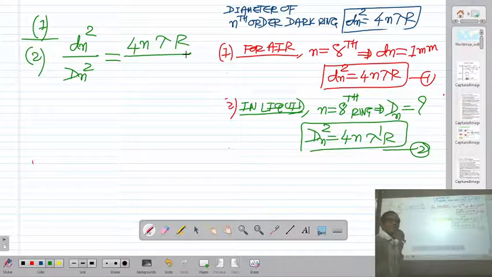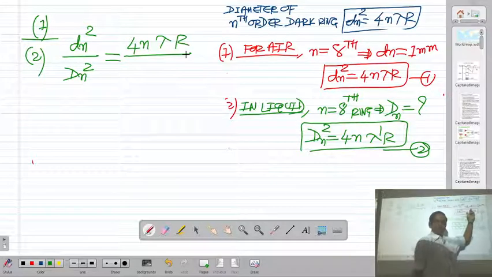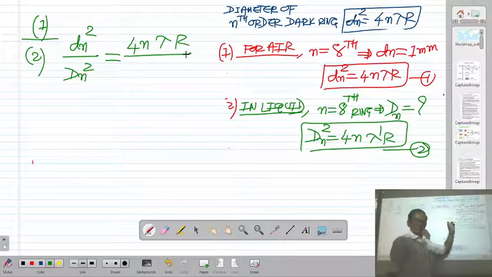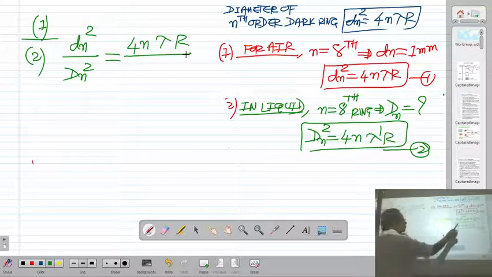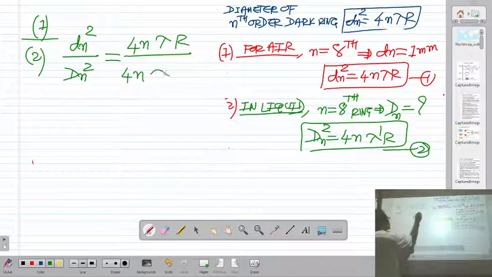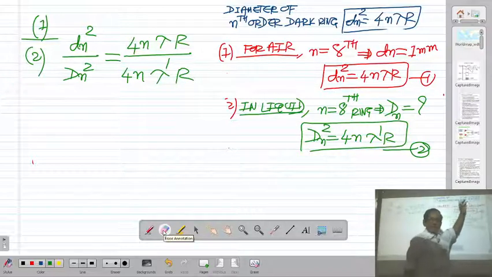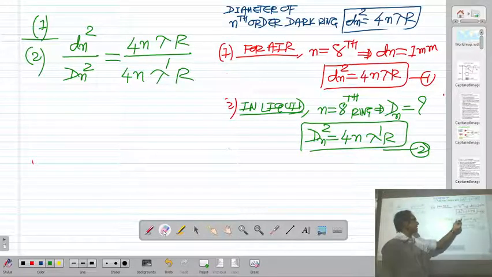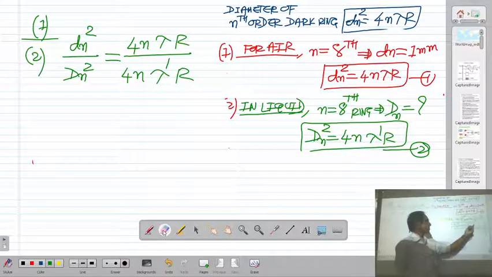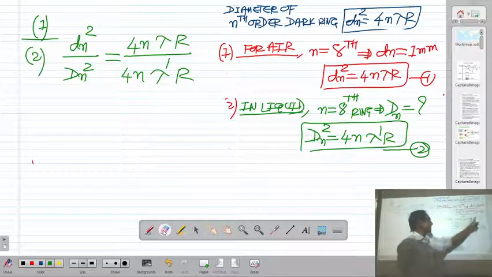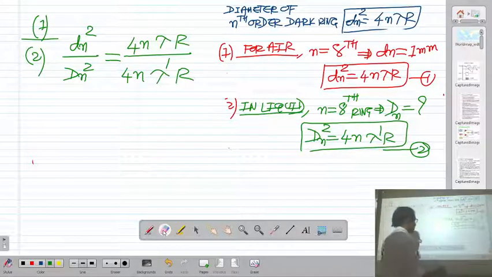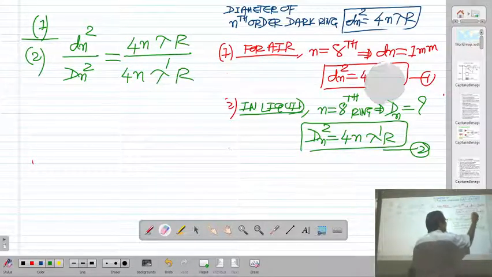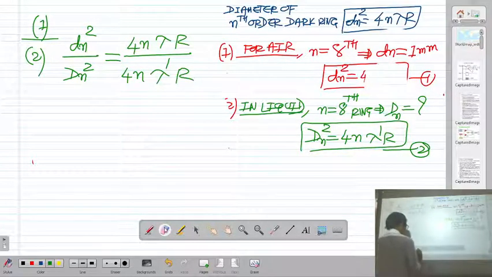Small dn square is 4n lambda r, and capital Dn square is 4n lambda dash r. In air, the diameter of the 8th dark ring is given as 1 mm. In liquid, we have to calculate the diameter of the 8th dark ring. Please remember, lambda is the wavelength of light in air, and lambda dash is the wavelength of light in liquid.